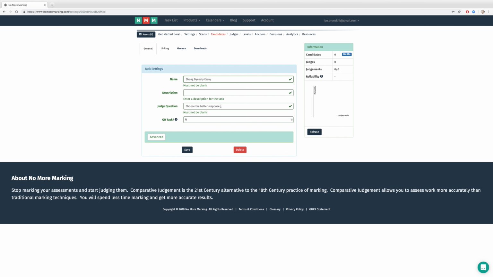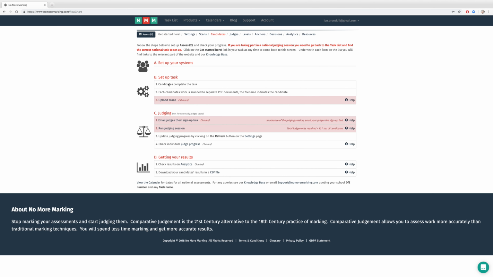You don't need to worry about a description. And when it says QR task, you're going to click yes because you want those barcodes. So this is going to be your task. There's a useful list here which tells you how to get started. So the first thing we're going to do is set up our system. We'll need to add our candidates.